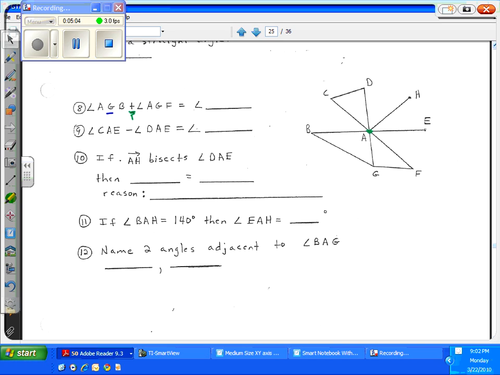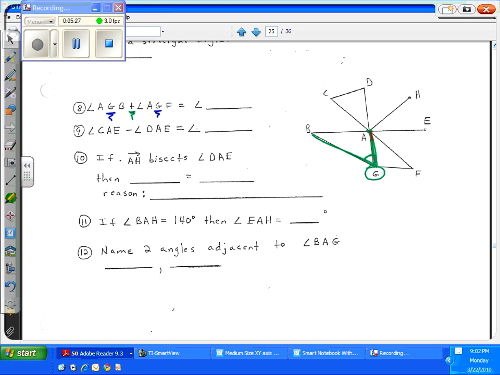But we're not bending at A. We're bending at G because G is in the middle, so that's got to be my vertex. So we're starting at A, and then we're going to G, and then we're going to B. So this is the angle we're talking about right here that bends right here, see? Because the vertex G is named in the middle.